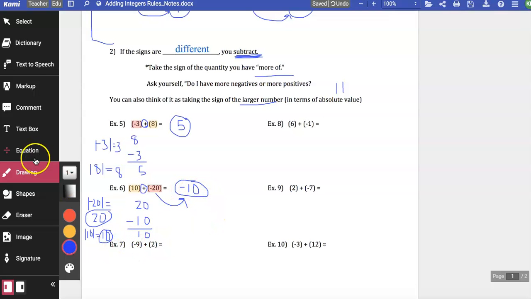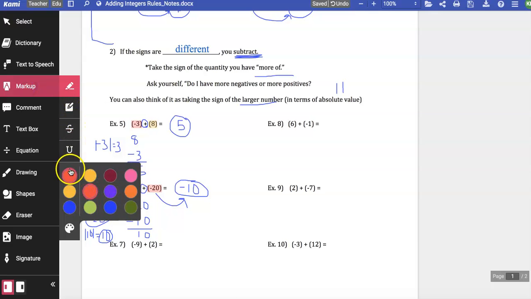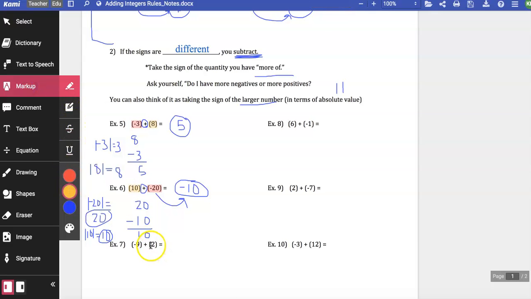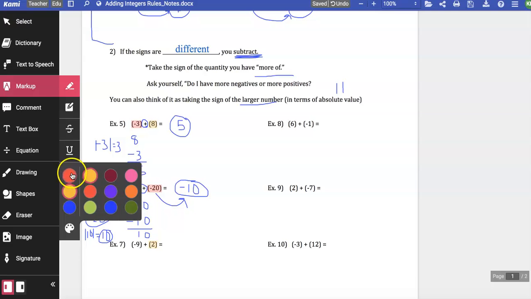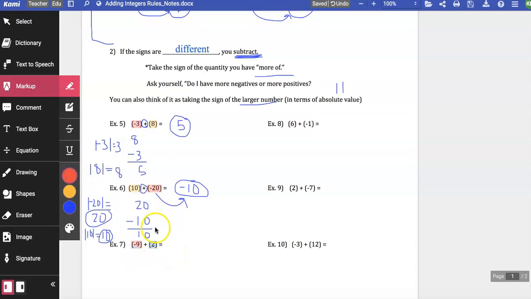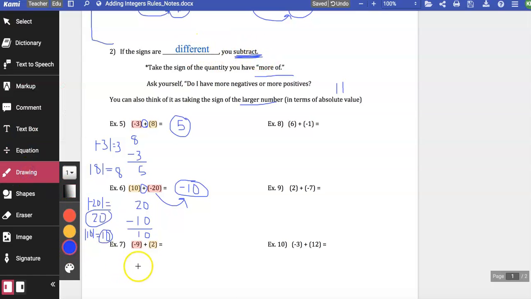Example 7. Let's go to our markup tool, our highlighter, and the 2 is positive, and the -9 is negative. When the signs are different, we subtract. So I go to my drawing tool, and I take the larger number in terms of absolute value, put that at the top. 9 minus 2 is 7.